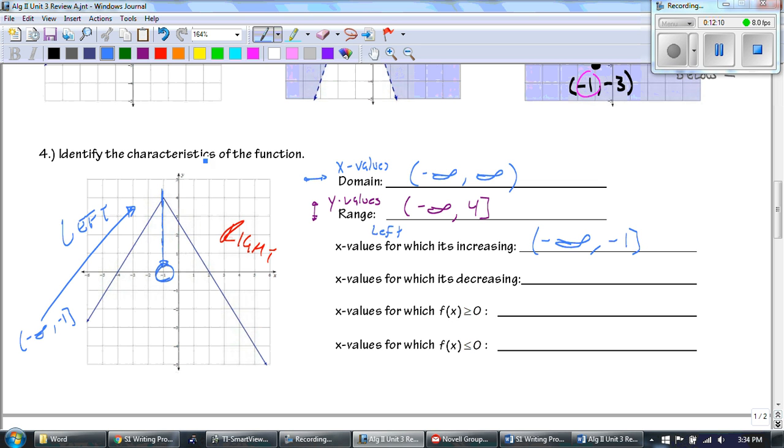So now I'm looking where I start decreasing. Well, where do I start decreasing? I start decreasing at the same point that I stopped increasing. It's the right side that's going down. And it's going down from negative 1 all the way to positive infinity.